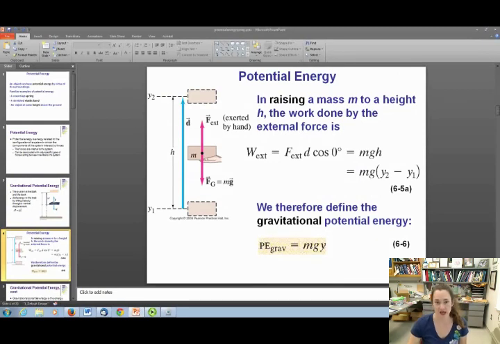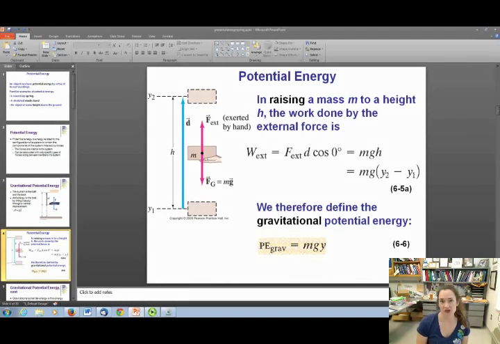As long as you lift it at constant speed so that there's no net acceleration, then the force you'd have to apply to get it to travel at a constant velocity would be equal to mg. And then the height that you take it through, say that height is d, well then your work would be mg times d. Or if you're talking about raising it to a height h, then it would be mgh.